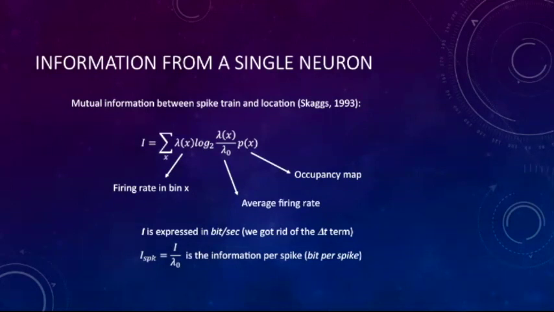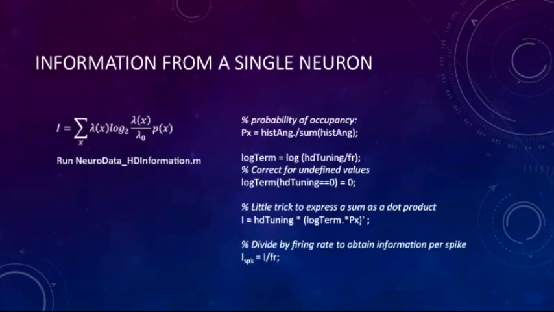Remember, that cell that fired only in the right half emitted 1 bit per spike, but was emitting R bits per second. All right. So again, if you run this code here, you'll see everything I just said is only 4 lines in MATLAB. That's pretty simple when you know the math behind. It's just a direct application of this.